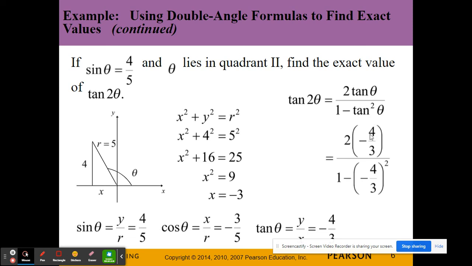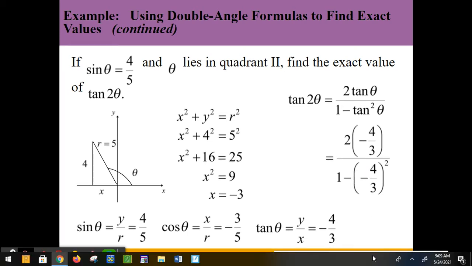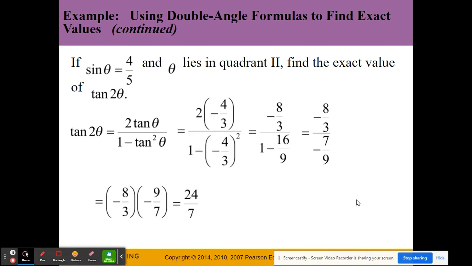So tangent of theta is negative 4/3. All right, so it's 2 times negative 4/3 over 1 minus negative 4/3 squared. And I'm basically just simplifying that expression on the next slide, and you end up with negative 8/3 over negative 7/9, which reduces to 24/7.